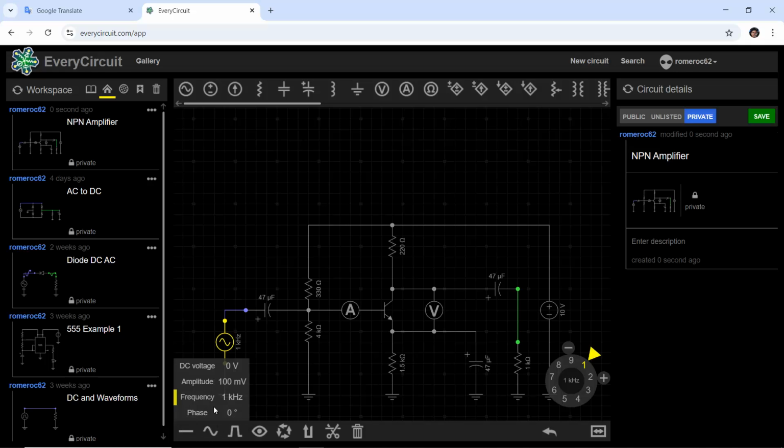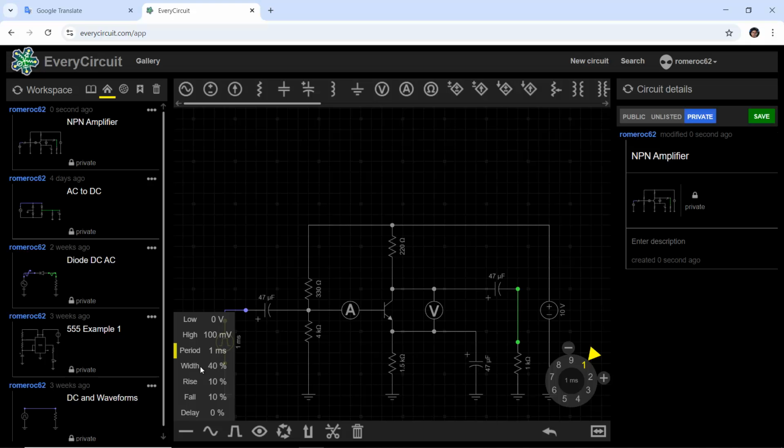You can use square, low 0, high 100 millivolts. Period 1 millisecond is the inverse of 1 kilohertz frequency. This is very good for 1 kilohertz frequency.